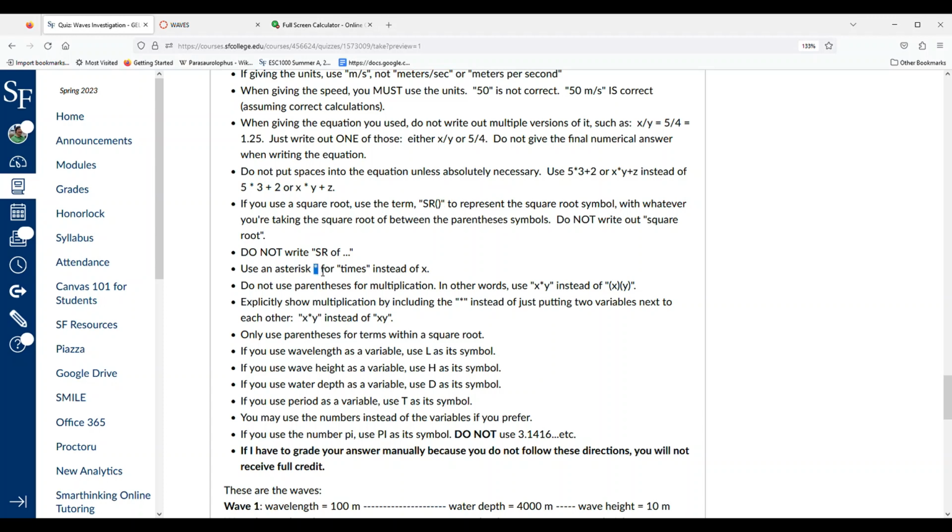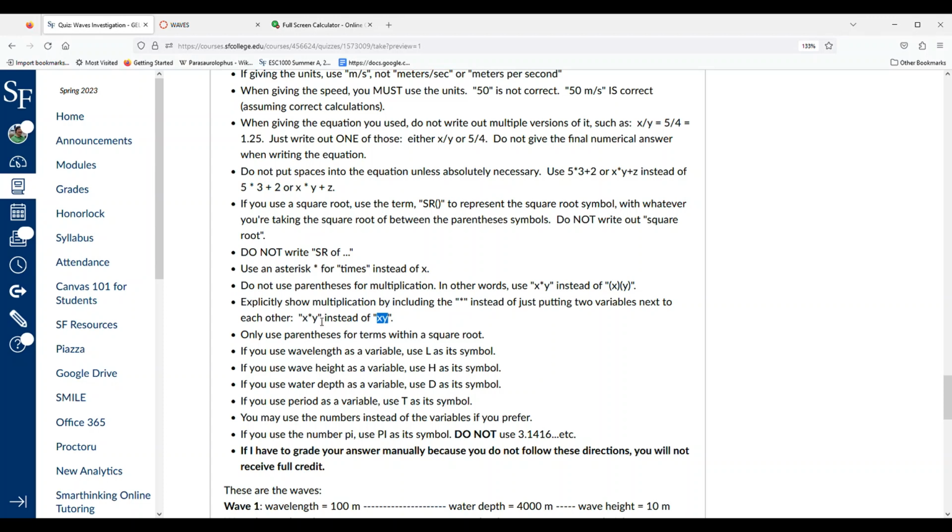When you're multiplying something, sometimes people use an asterisk, sometimes an X, sometimes parentheses, sometimes people just put them right next to one another. All of these things ordinarily are fine, but that's 4 different ways of multiplying. I would have to have 4 times as many answers in the key as I would ordinarily.